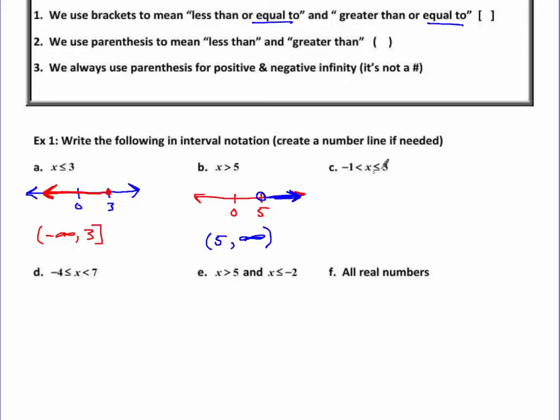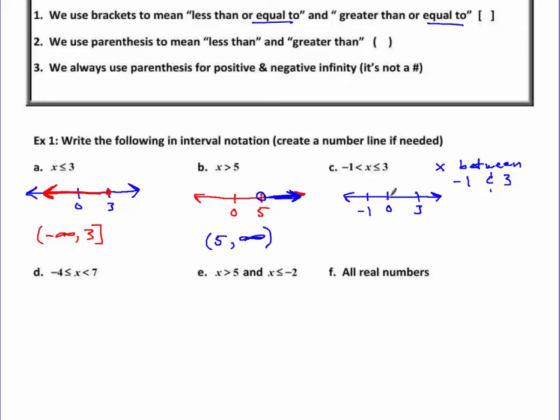Negative 1 is less than x is less than or equal to 3. That's a fancy way of saying x is between negative 1 and 3. So when you draw the number line, it's not any different than the number lines we've done before. It was 0, a 3, negative 1. X is everything between these two.